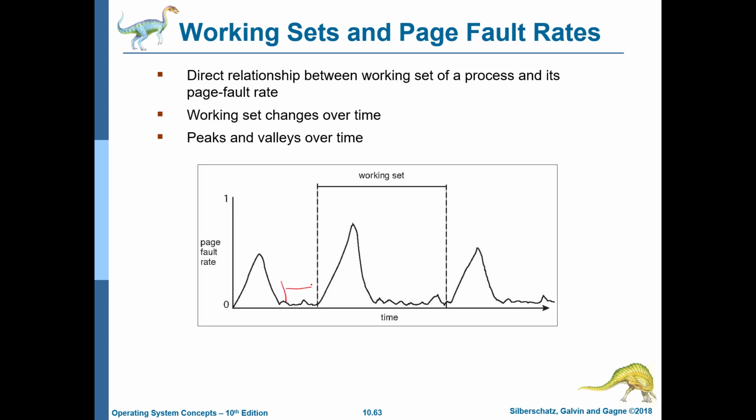During this period, it is expected that it will have a stable working set. Subsequently, the program can move into another phase. Again, its working set will change and the page fault rate will become high, then much lower, and it will again enter a stable phase. This is typically the way that most programs behave.